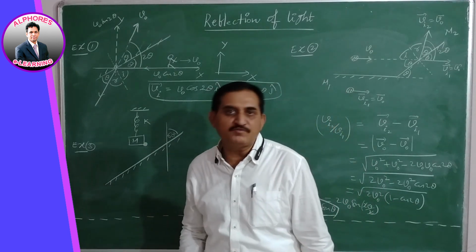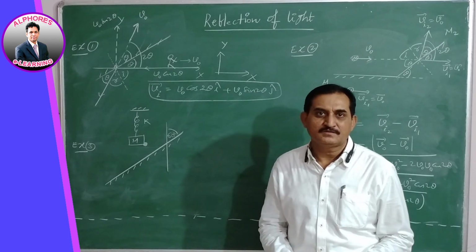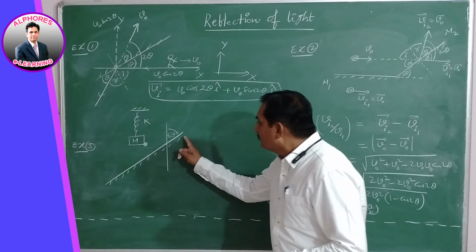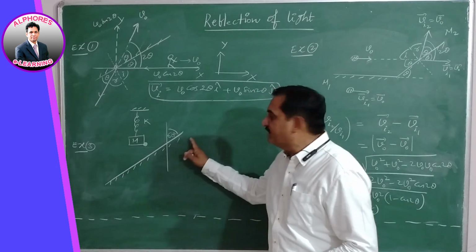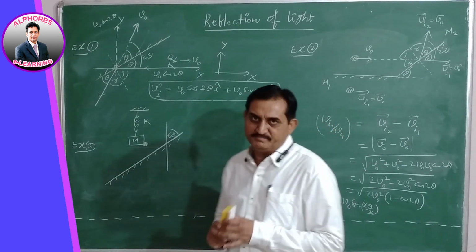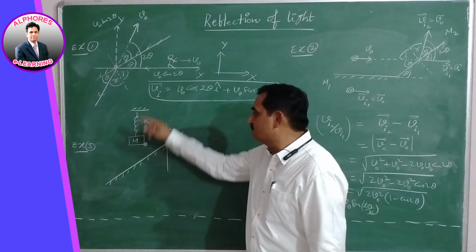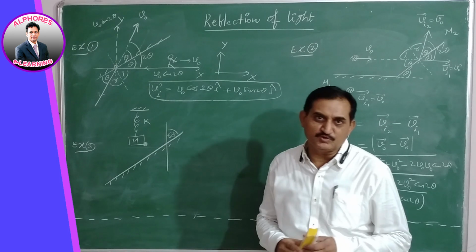Definitely, it has its maximum speed at the mean position. The plane mirror is making an angle of 60 degrees with the vertical, as given in the problem, and the block is oscillating in simple harmonic motion.